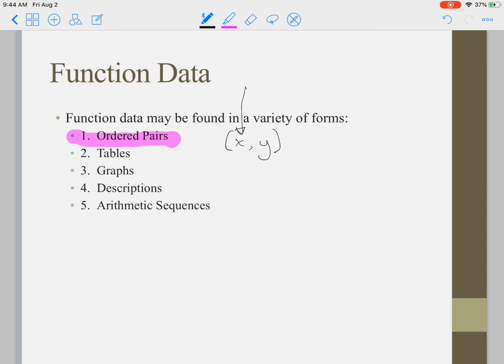Remember from previous lesson, we called these the domain. We called these the range, so it might even be given as that. We can have tables, we can have a graph that we had to get the ordered pairs from the graph. We could be given a description of some sort, and we could also have an arithmetic sequence.